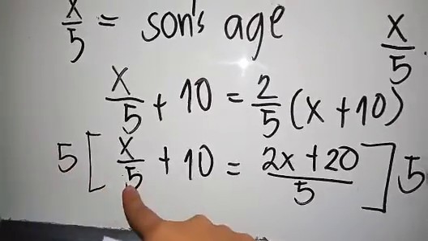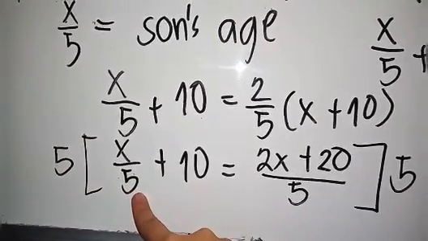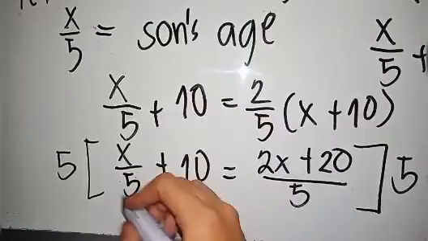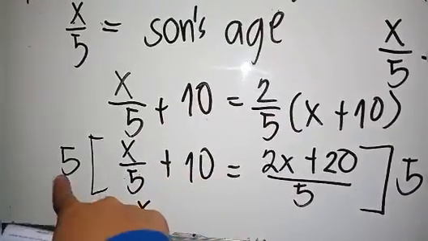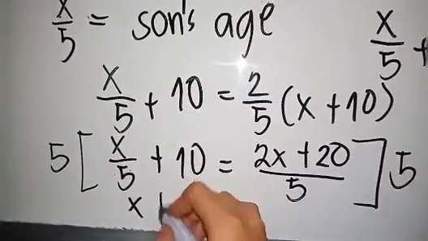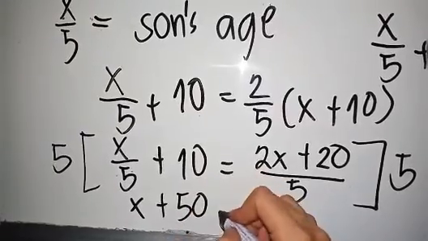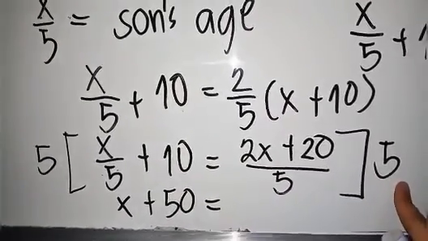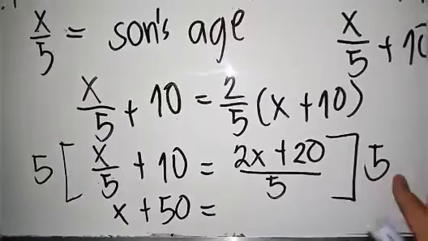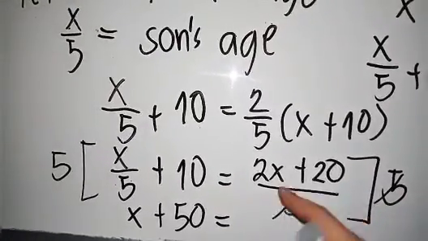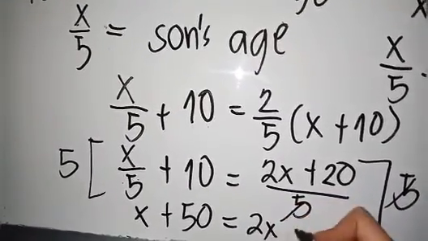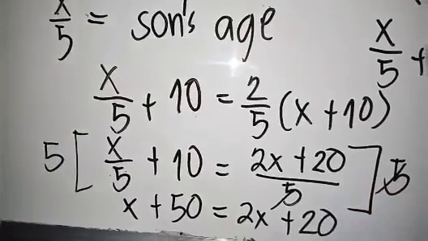So, 5 divided by 5 will give us simply 1. 1 times x will give us x. Then, 5 times 10 will give us positive 50 is equal to, since pares ito, ika-cancel na lang natin siya. So, we have 2x plus 20.